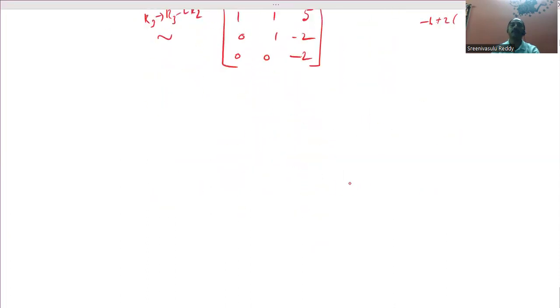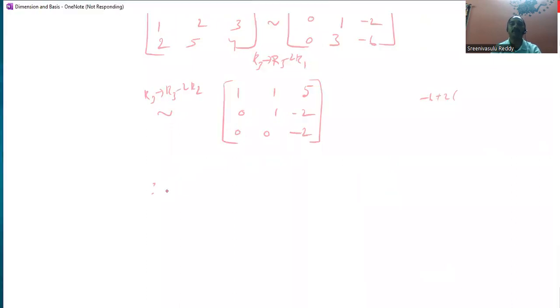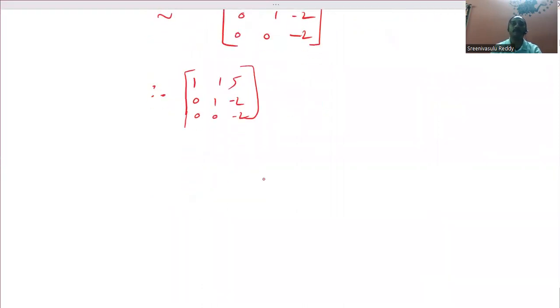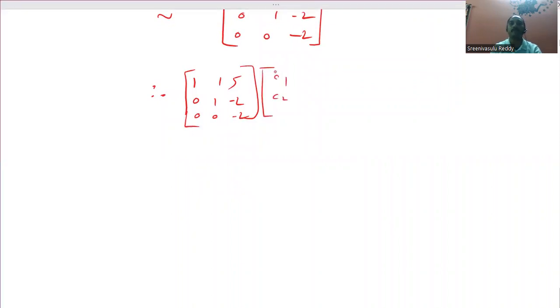Now once again it is converted into matrix form. It becomes an upper triangular matrix. Therefore the system is written in the form. First equation becomes, if you have any confusion, write down 0, 1, minus 2, 0, 0, minus 2 into C1, C2, C3 equal to 0, 0, 0.